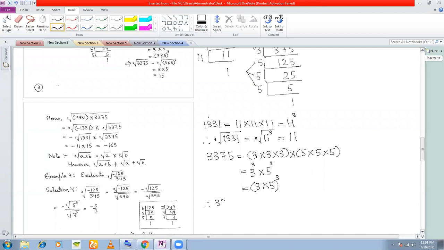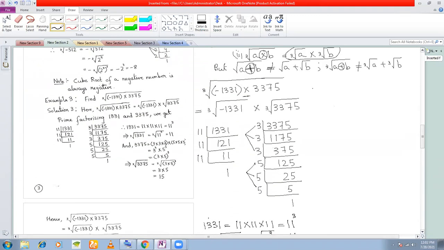Therefore, cube root of 3375 must be equal to the cube root of 3 into 5 whole cube. Now you have a cube inside a radical, so you can remove the radical. 3 into 5, which is equal to 15. You have got the cube root of 1331 and you have got the cube root of 3375.